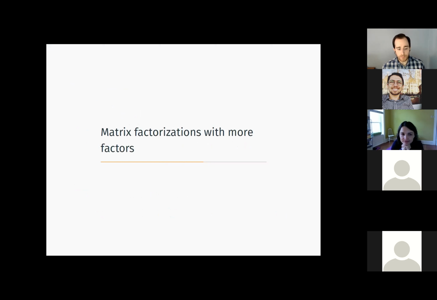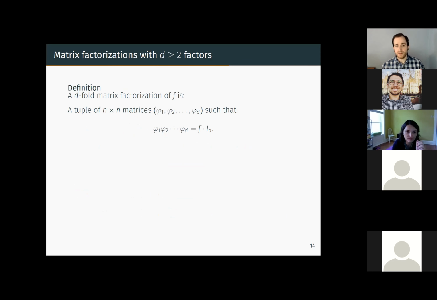Okay, so with those results in mind, those specific ones, I want to move on to these factorizations, which might have more factors. So the definition to start is just sort of a natural generalization of matrix factorization.